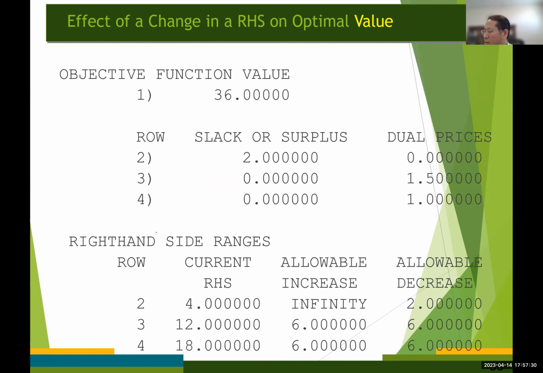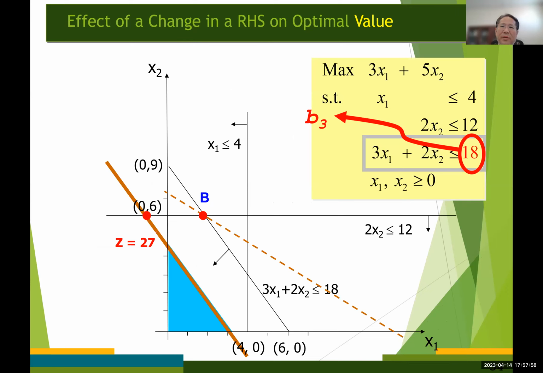Now, what if B3 is decreased by 8 units, which goes beyond the allowable decrease limit? Can we still say the objective function value is decreased by 8 times this much? No. That's because the original optimal solution is no longer feasible, right?